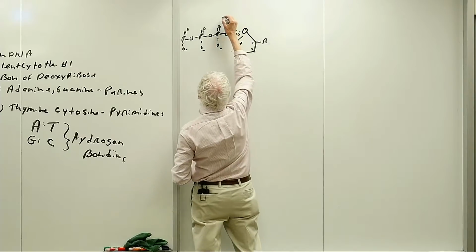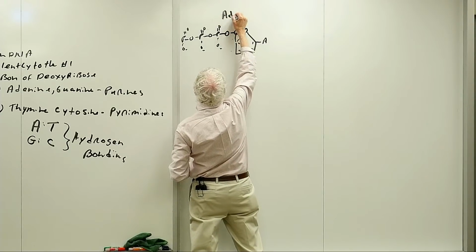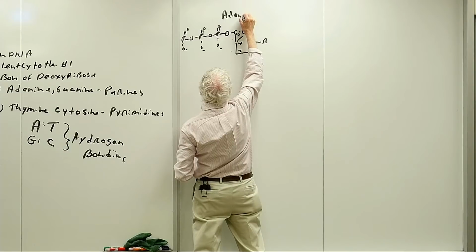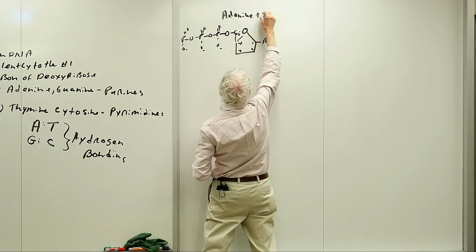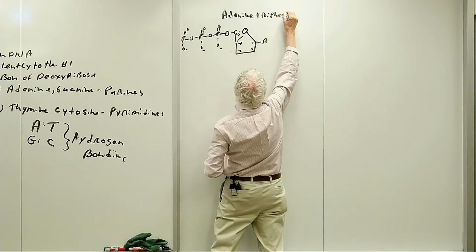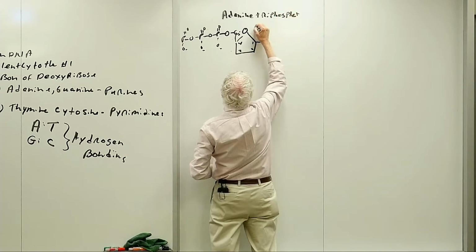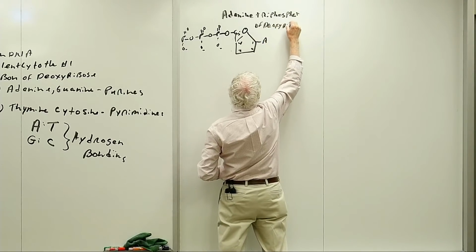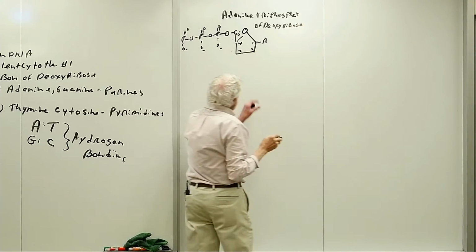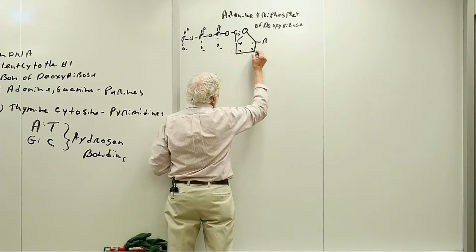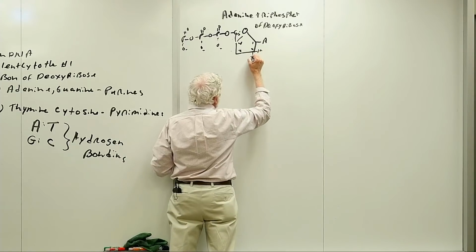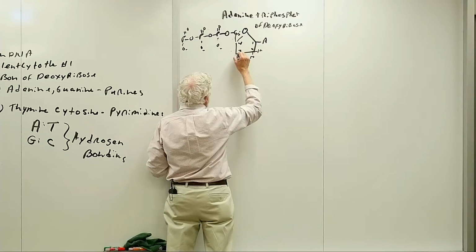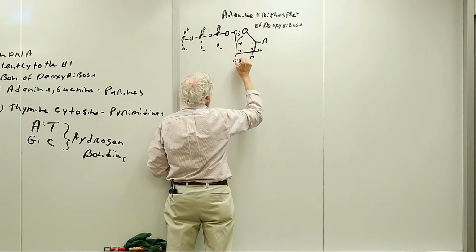And we can say that this is an adenine triphosphate of deoxyribose. So we've taken this deoxyribose molecule, and remember here we have the number 2 carbon, we have the 2 hydrogens. The number 3 carbon, we have a hydroxyl and a hydrogen.